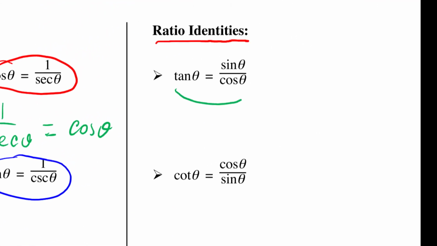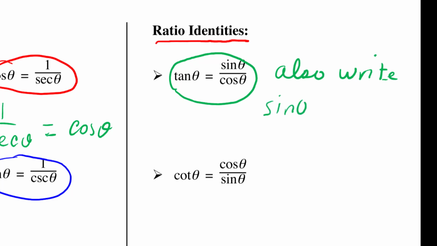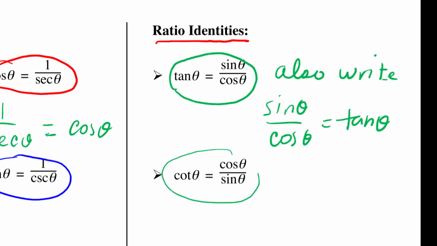Tangent theta is sine theta over cosine theta. And what we've learned is that we can also write any identity in the reverse order. So sine theta over cosine theta can also be rewritten as tangent theta. Likewise, we know that cotangent theta is cosine theta over sine theta.